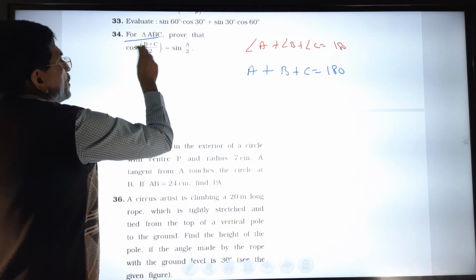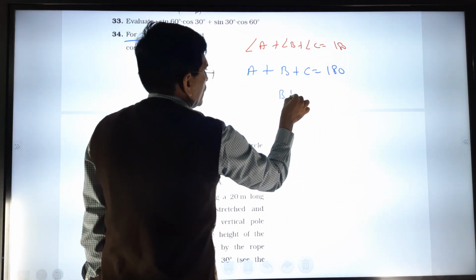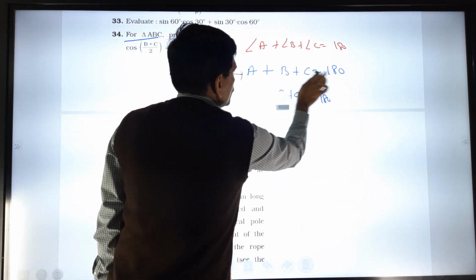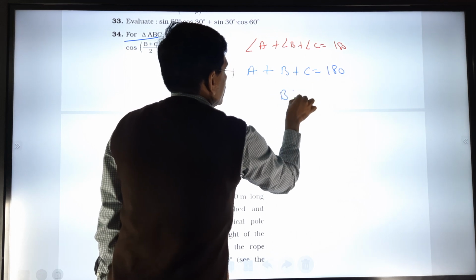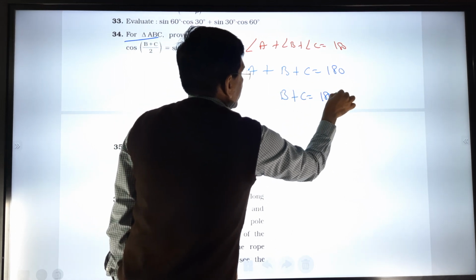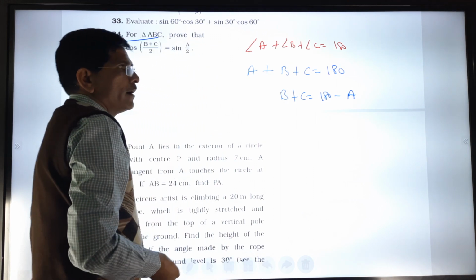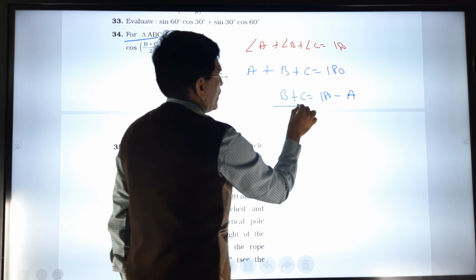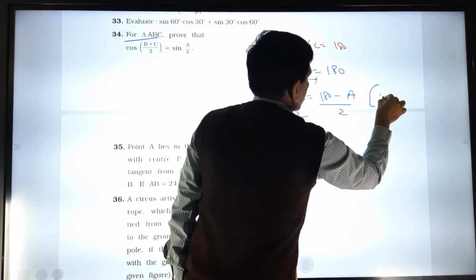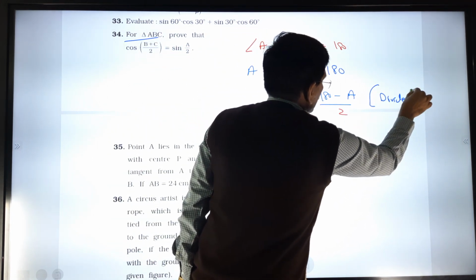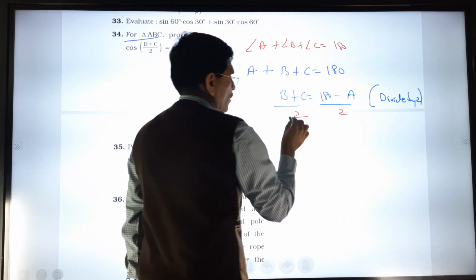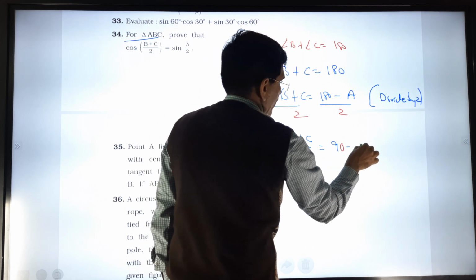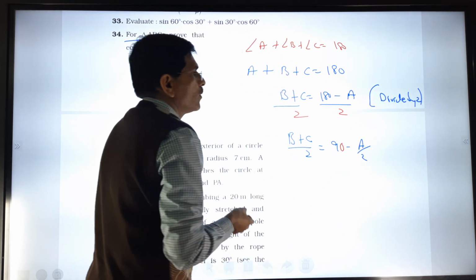Here B plus C is remaining, so B plus C is equal to 180 minus A. Now divide by 2, so B plus C by 2 is equal to 90 minus A by 2.